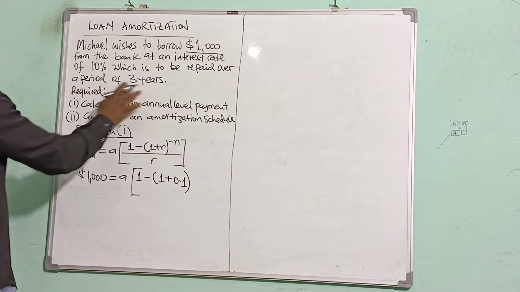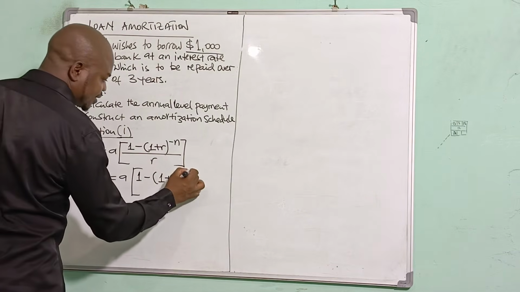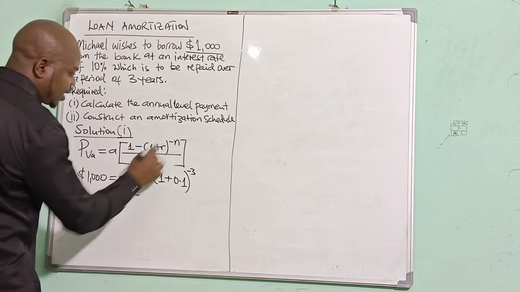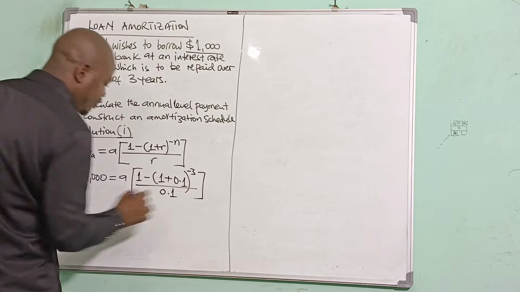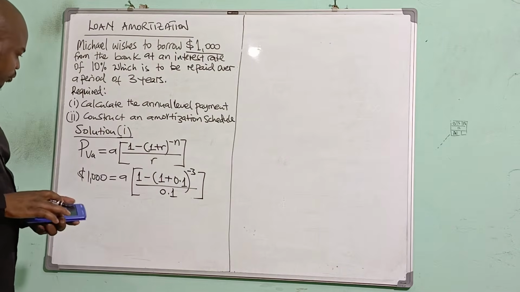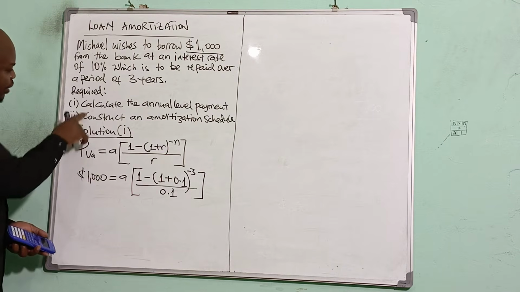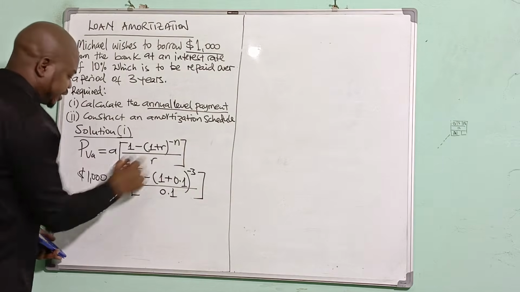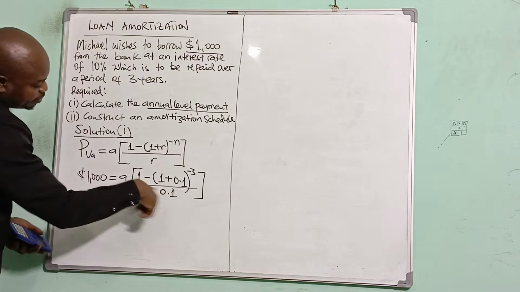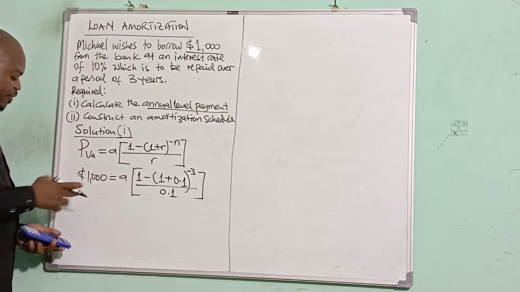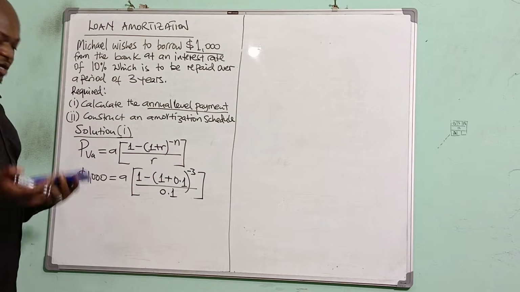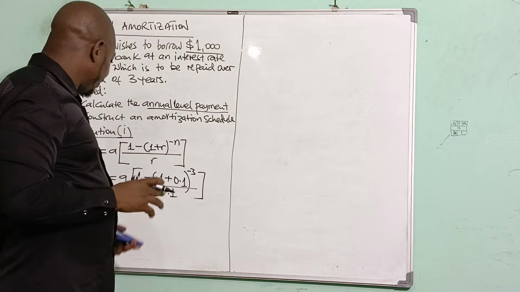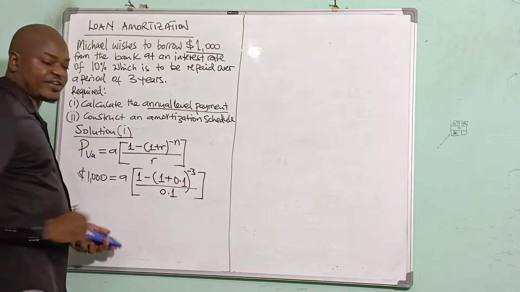How many years is this loan? The loan is for 3 years, -3 there, which is n, over 0.1 here. Now what we are looking for is the annual level payment, which is the A here. So I'll begin by calculating this, and then I'll sort out what the A is. For those of you who might need help with the calculator, you begin by doing the first part.